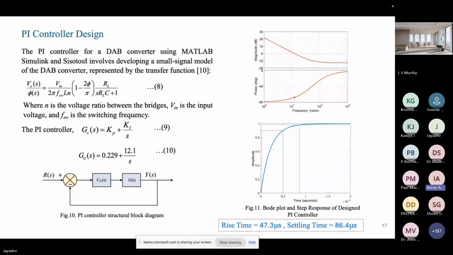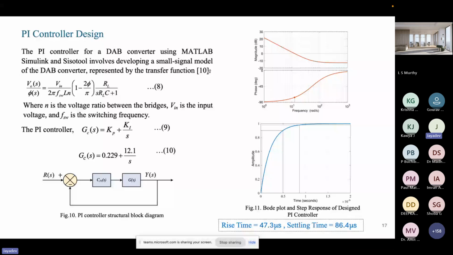This is the transfer function of the DAB. This is not done by me; I have incorporated it from a paper which I have referred to as reference 10. It is irrespective of any modulation technique, because the modulation technique is only for the switching. Your transfer function will be decided by your components.